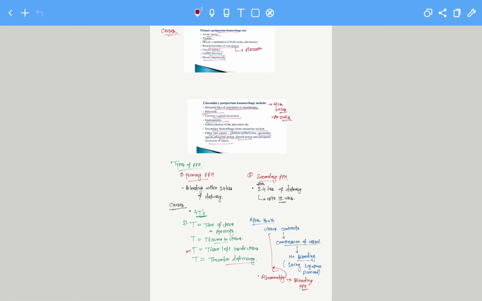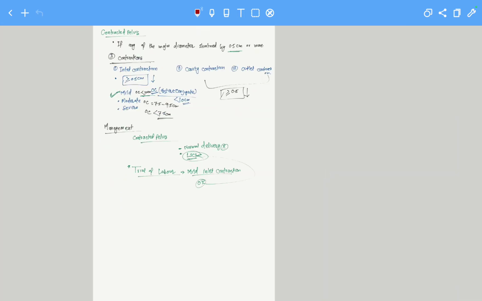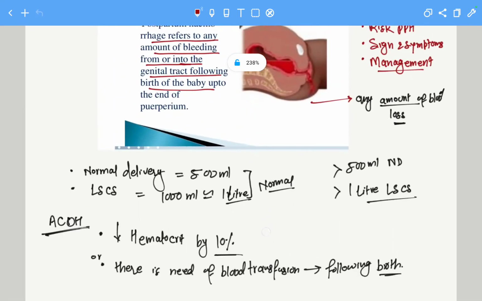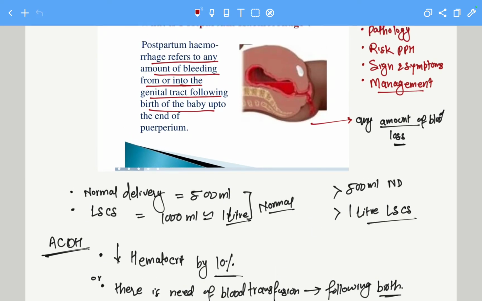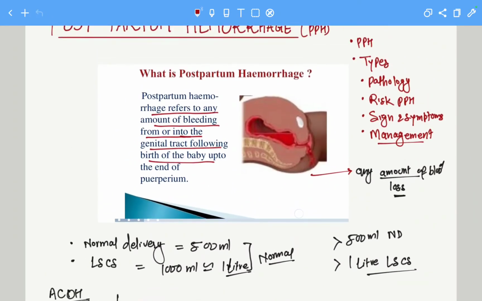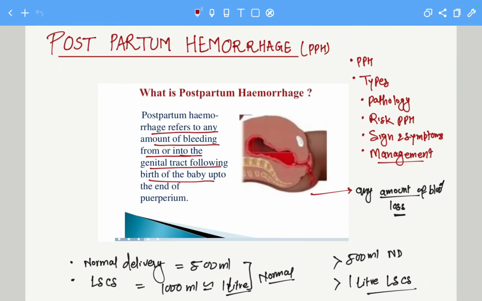That is PPH, it is the blood loss that is more than 500 ml in case of normal delivery, or in case of LSCS it is if it is more than 1 liter, or if the hematocrit value decreased by 10%, or if there is any need of blood transfusion following the birth. All these are known as the case of PPH, right?